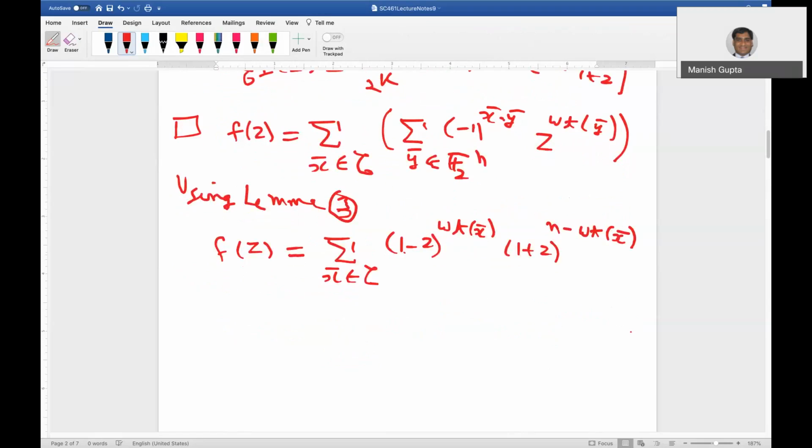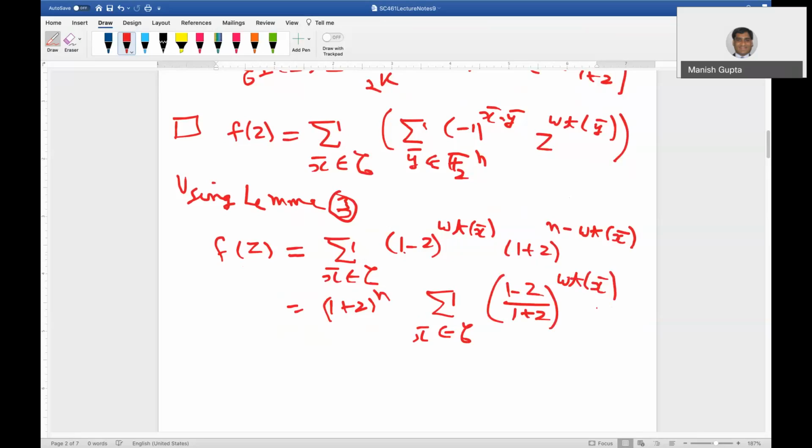Okay, so now we can simplify this. If we take 1 plus z raised to power n common, we get 1 plus z raised to power n times the summation over x belongs to C of (1 minus z divided by 1 plus z) raised to weight of x.